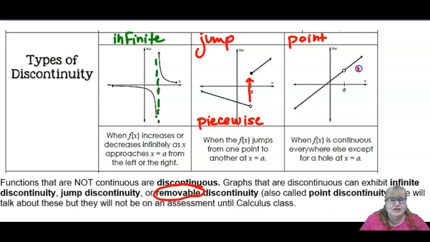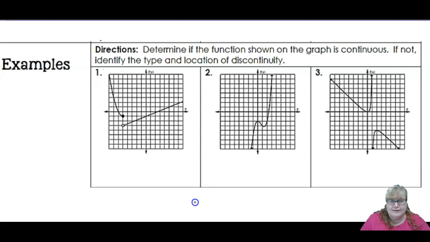And we can just call it a hole for this year. And it has a hole where x equals a. So functions that are not continuous are discontinuous, and they can have any of these three kinds. We will talk about them, but they will not be on an assessment where you have to tell me the kind. You might be asked if it has continuity, but I'm not going to ask you the kind on an assessment.